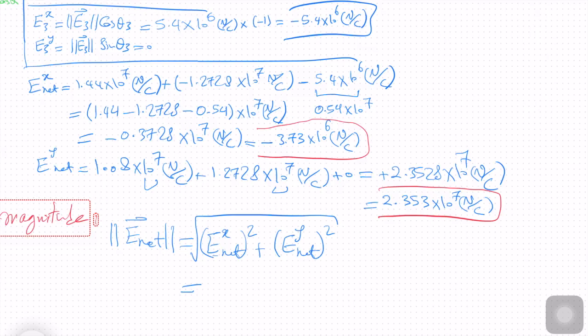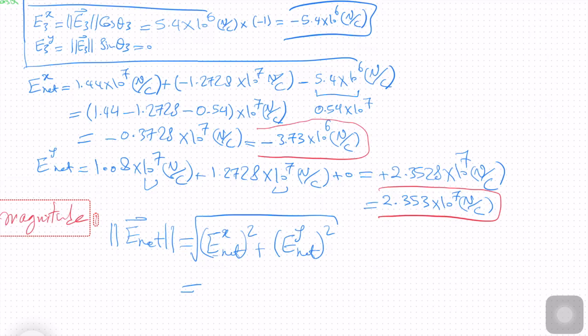Okay, so all we have to do is add these up. Let's see. So we're adding up 3. Okay, so E x net is 3.73 times 10 to 6. And y is 2.353 times 10 to 7.